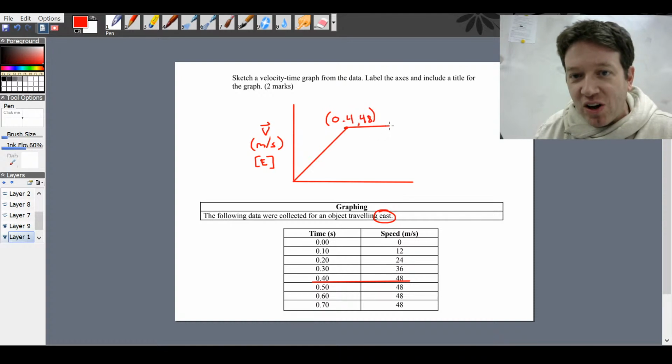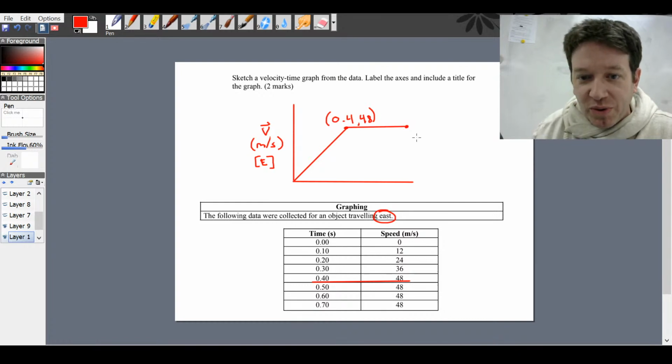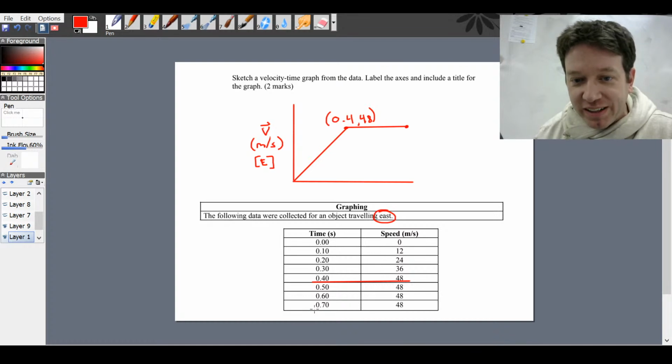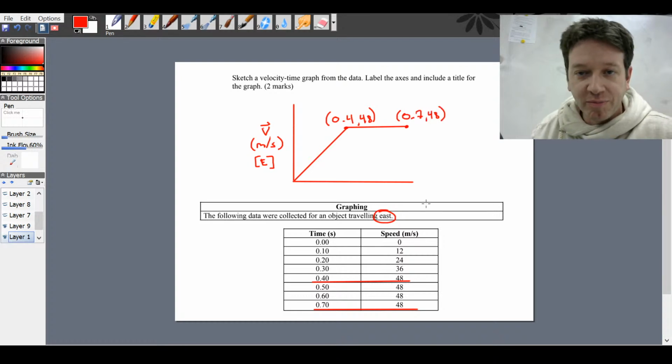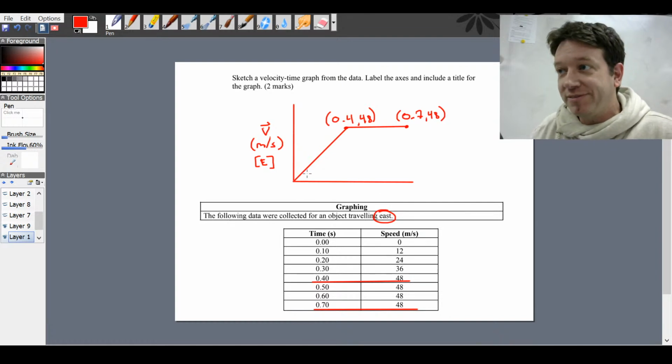And then we maintain a constant velocity from then on, where this will be our last point, 0.7 and 48. All right, so there is our velocity time graph.